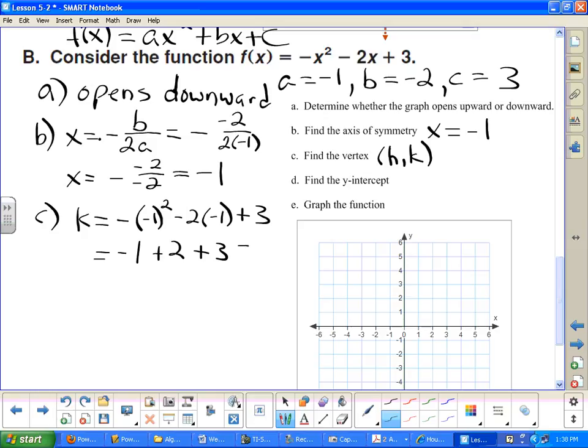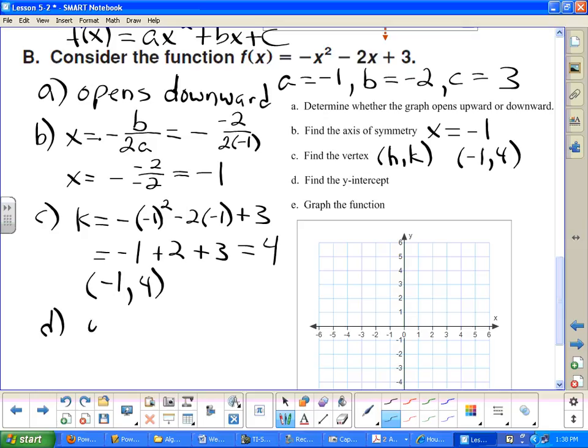So in this case, k is equal to +4. So my vertex is the point: h is -1, or x is -1, and y, which would be the k value, would be +4. So that's an actual point on my graph.